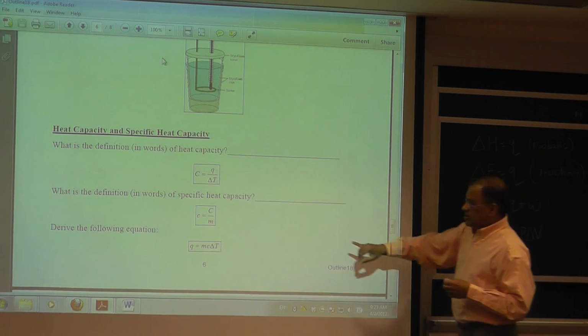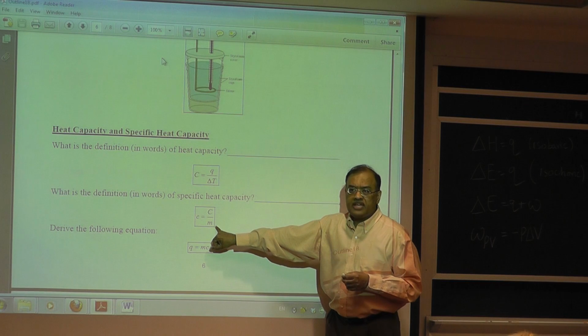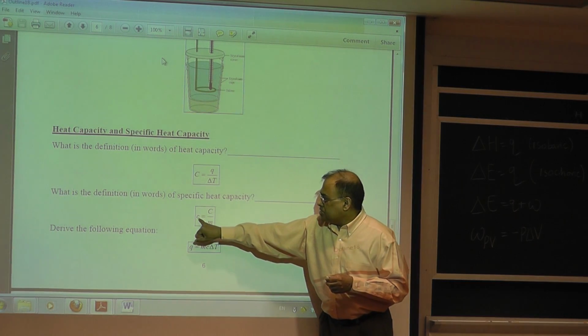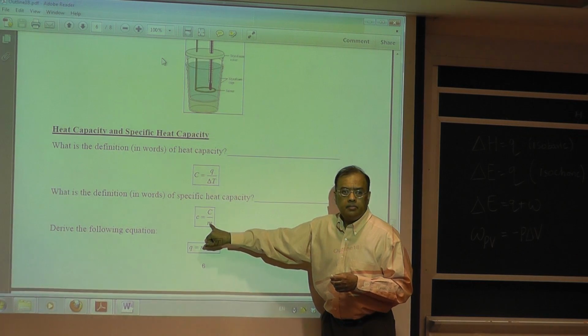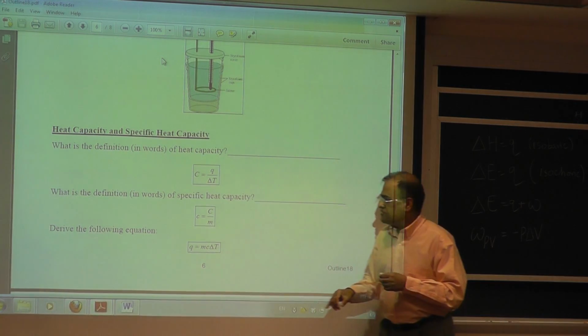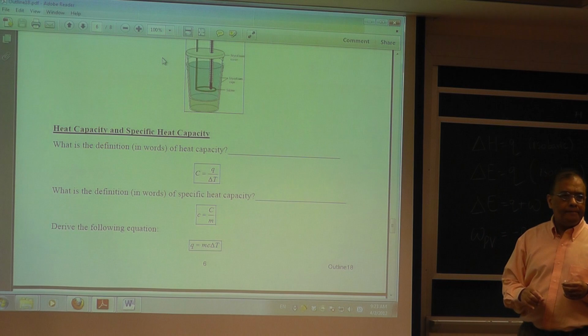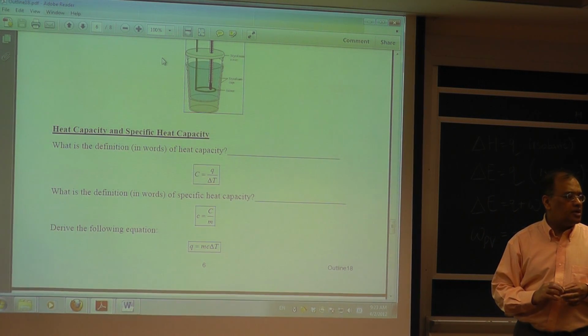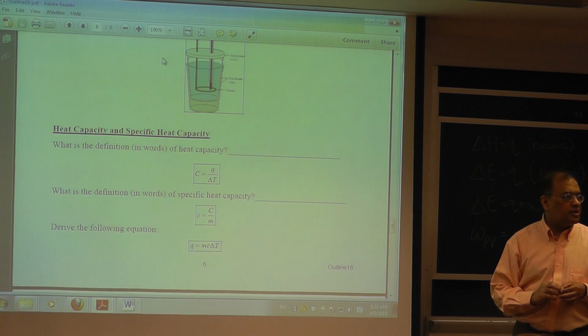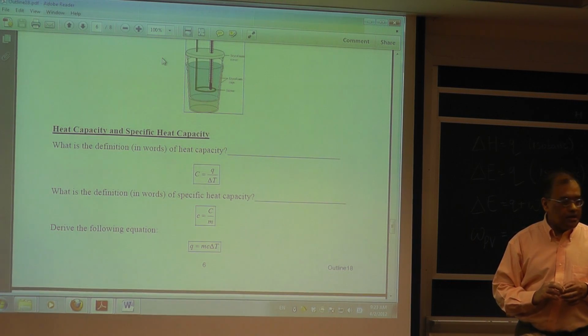Okay, here's the definition of specific heat capacity. Small c, capital C, what is m? Mass. So what is the definition of specific heat capacity? Yes, Anna. Exactly.